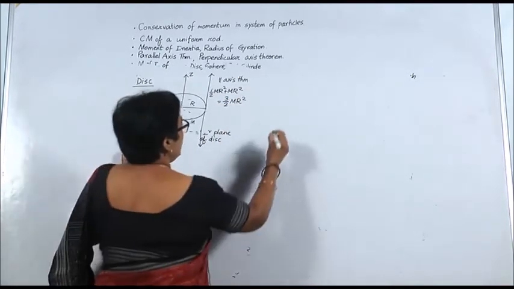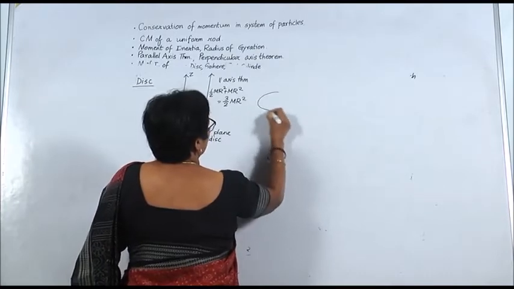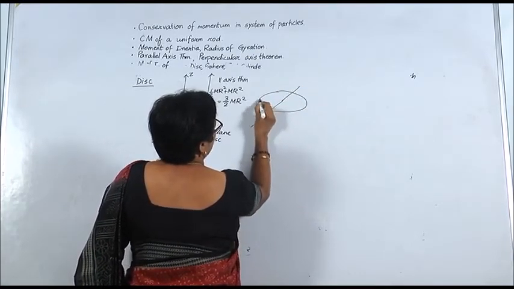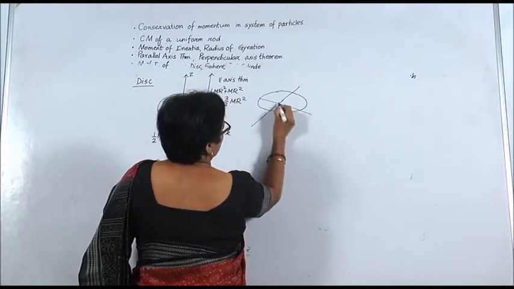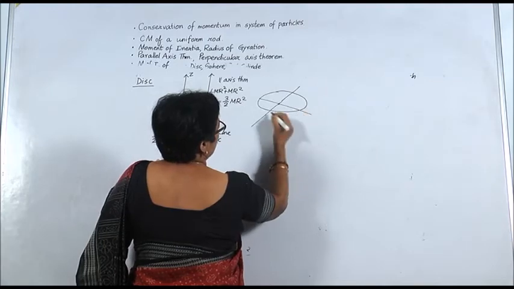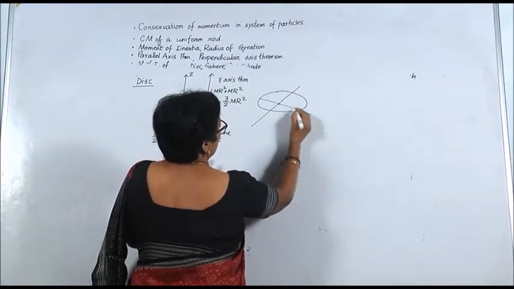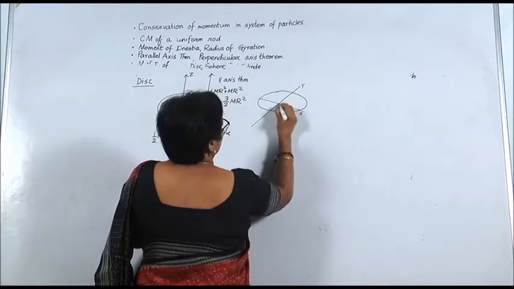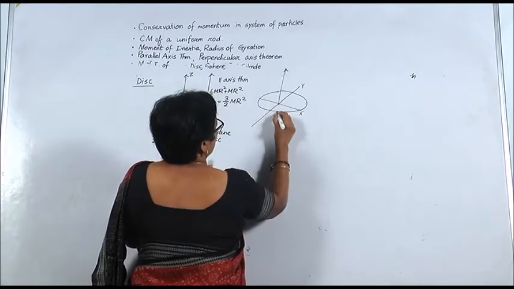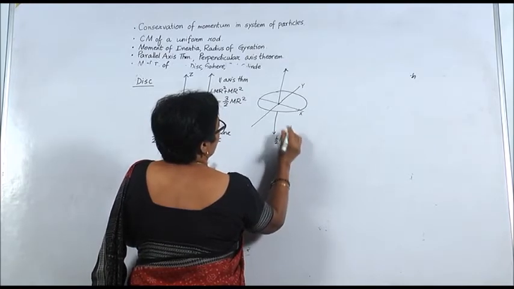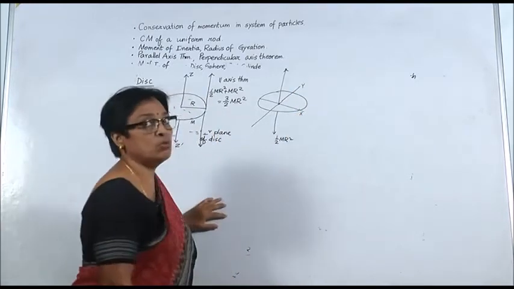If I use the perpendicular axis theorem for a disc, I want to find the moment of inertia about any diameter. Let us take two diameters which are perpendicular, x and y, and I know the moment of inertia about z dash is half mr square. So Ix and Iy are equal to each other.